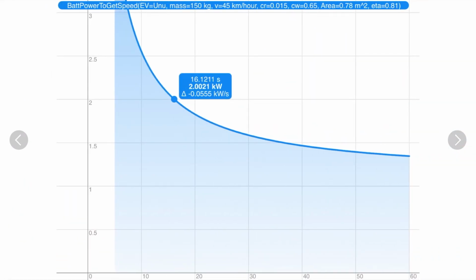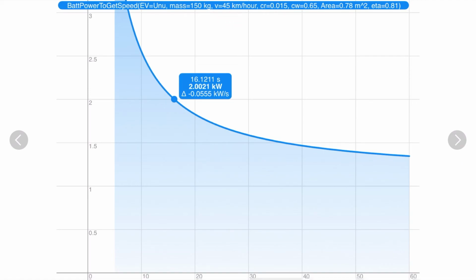And then again, an acceleration for the scooter Uno. Here I'm only measuring the time from 0 to 45 kilometers per hour.